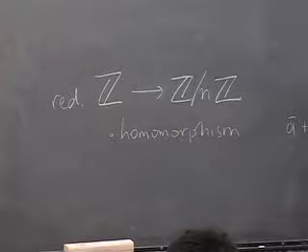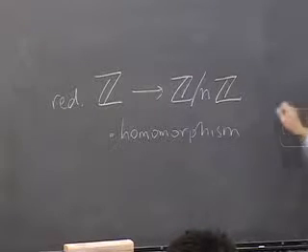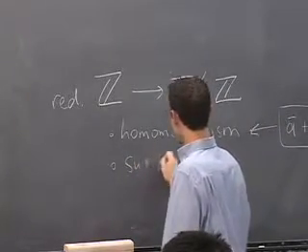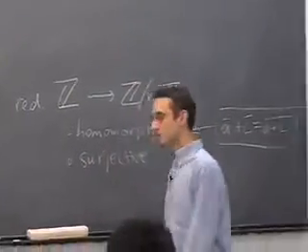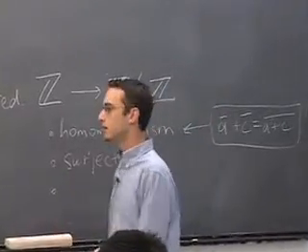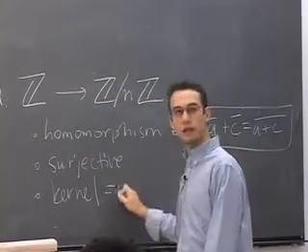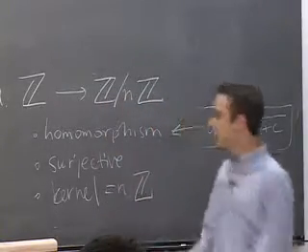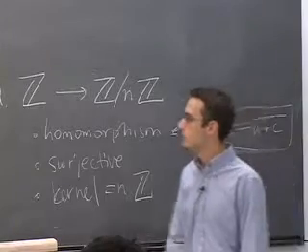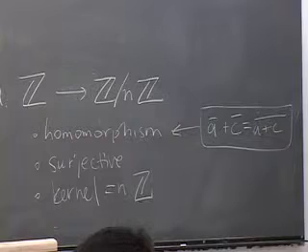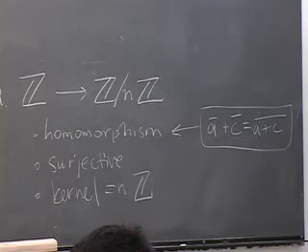So this is a verification of the fact that this is a homomorphism. Moreover, it's surjective by construction. And finally, and this is a good verification, the kernel is exactly nZ. So what we're going to do next time is see why this continues to work for any normal subgroup of a group. Great. Thanks.